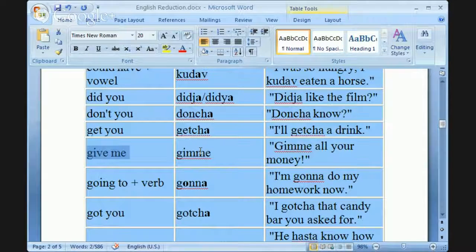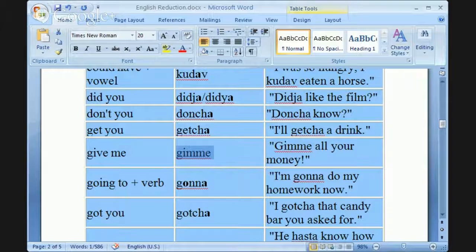But if you pick up a Rolling Stones album, you may see this song written like this, "Gimme." So occasionally in advertising or song titles, or possibly even movie or book titles, you will see the reduced form written out, but only when somebody wants you to understand how it's supposed to sound.